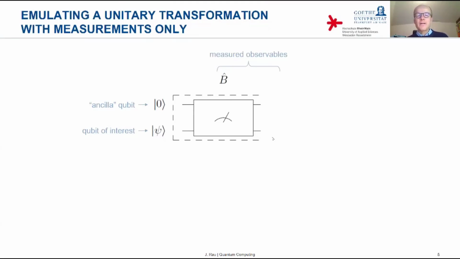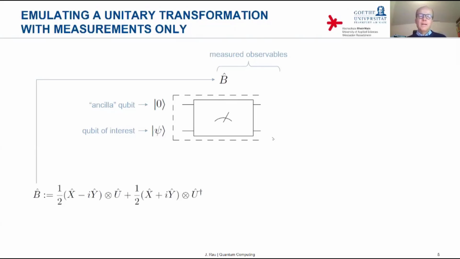So it's not the standard measurement that we have encountered previously. All this only works if you allow more complex measurements, but still they are just measurements. So here we have a measurement on both qubits. So it's a measurement of a two-qubit observable, which I call B.